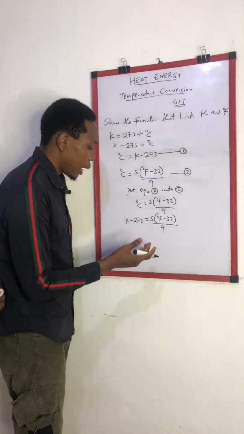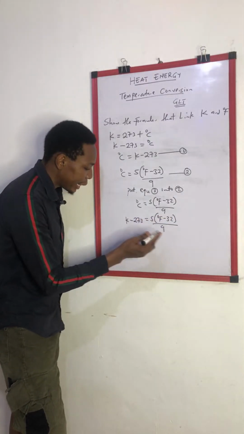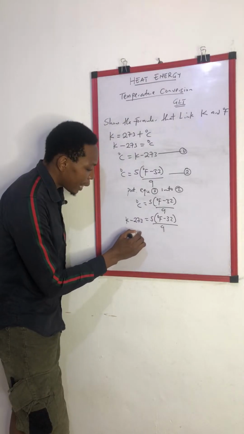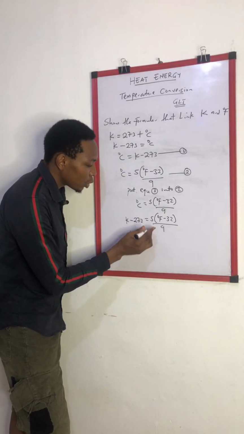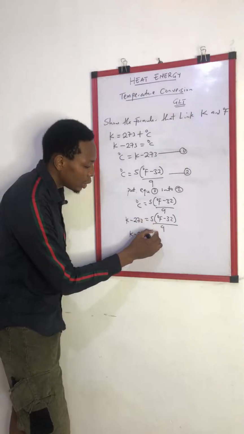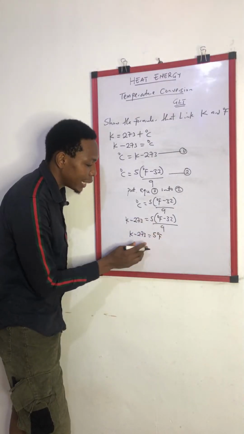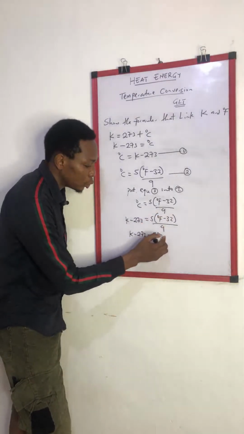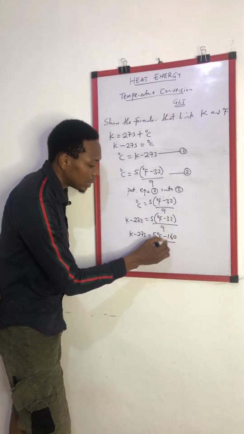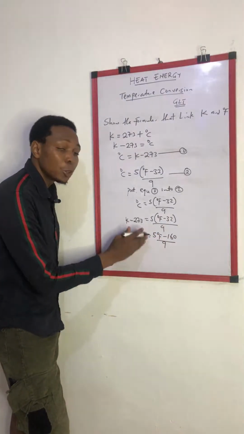So what do you do here? You can open this bracket. So we have K minus 273 equals 5 times degree Fahrenheit, we have 5 degree Fahrenheit, and 5 times minus 32, we have minus 160, then all over 9.